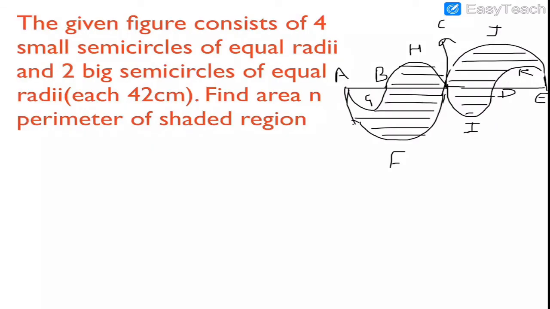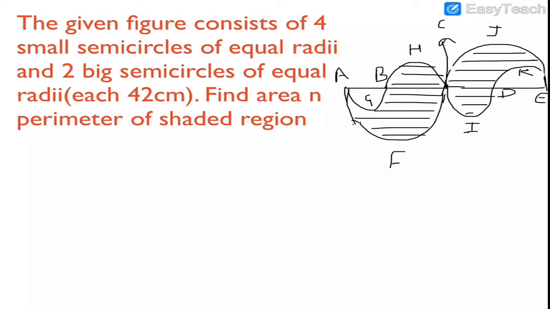So here we have this question with us, in which we are given 4 small semicircles of equal radii. And the first small semicircle is AGP, then BHC, then CID and DKE. All have equal radii.